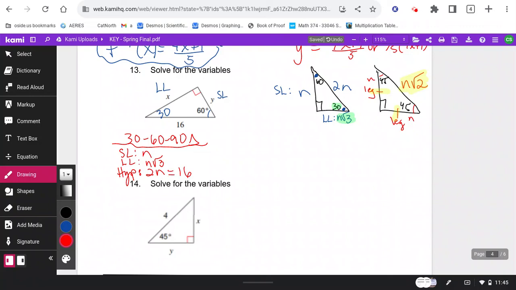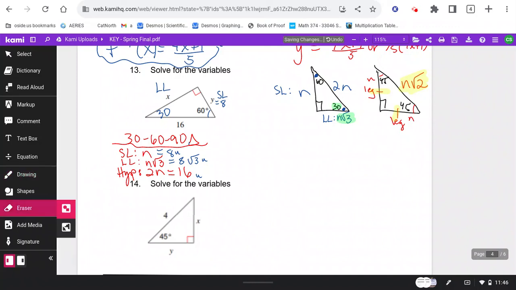If the hypotenuse is 16, divide that by 2, then your short leg is 8. And if your short leg is 8, then your long leg is 8 root 3. All of these need units because they're side lengths, so we write U for units. And we're done. Which one was X and which one was Y? Y was equal to 8 units, that was my short leg. And X was equal to 8 root 3 units, that was my long leg.